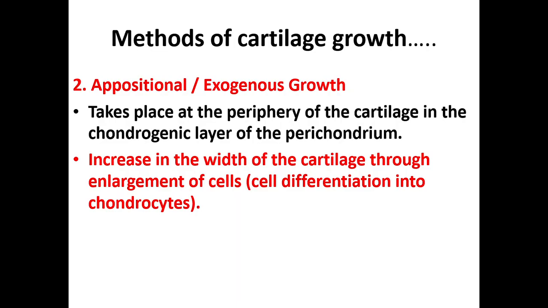Now, the appositional growth or exogenous growth takes place at the periphery of the cartilage in the chondrogenic layer of the perichondrium.